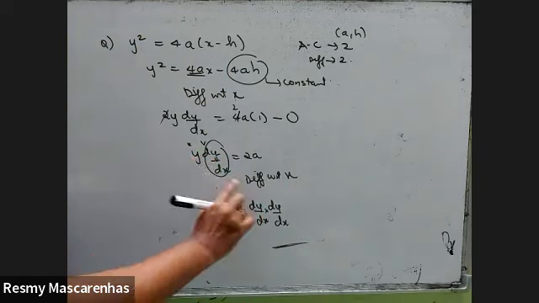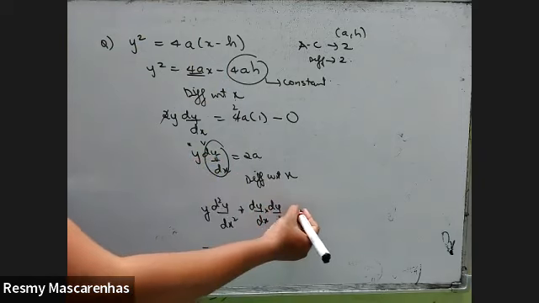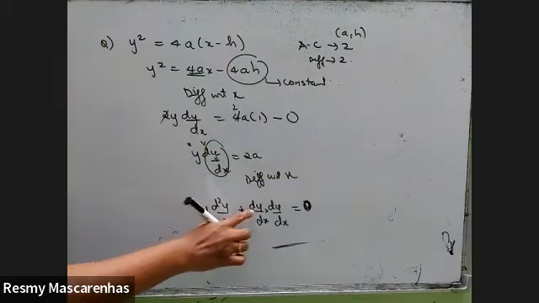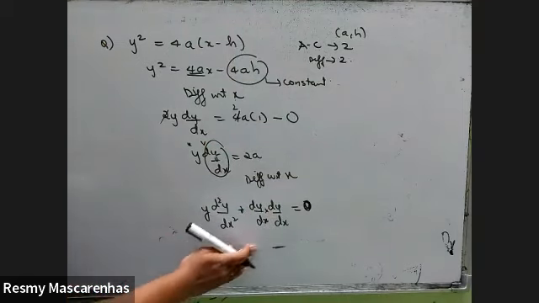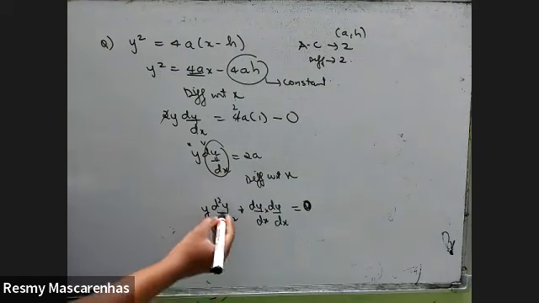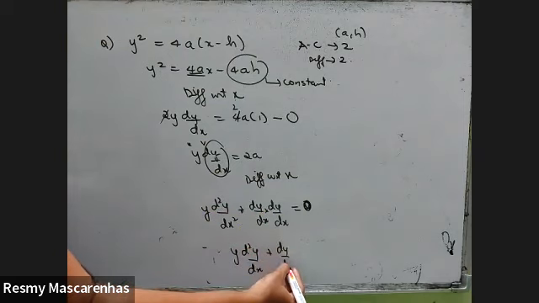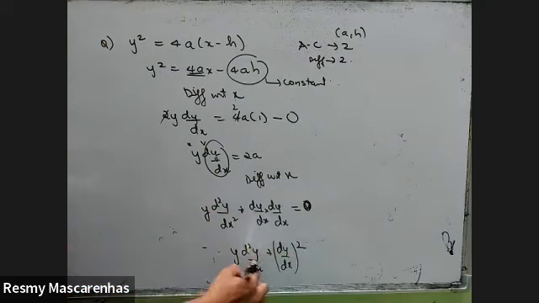Derivative of y is what? Dy by dx. This will be 0. A into a is nothing but a square. So this is different and this is different. Just here. This is dy by dx the whole square. This term is different. This term is different. This is done.